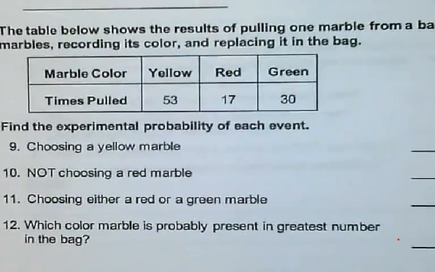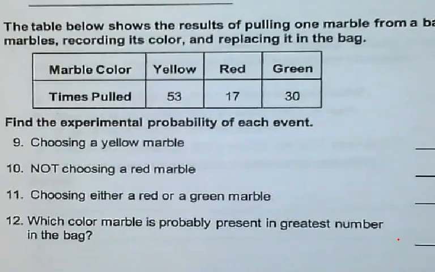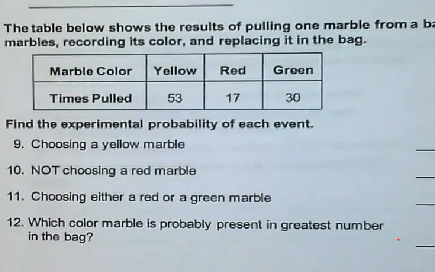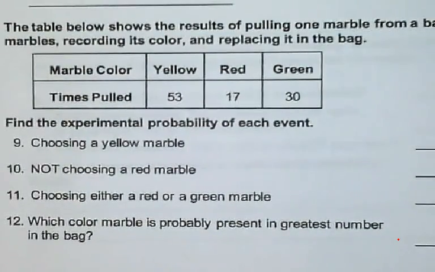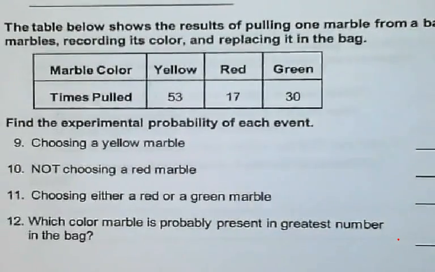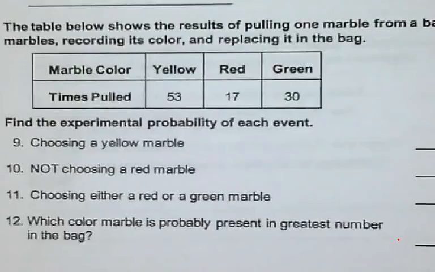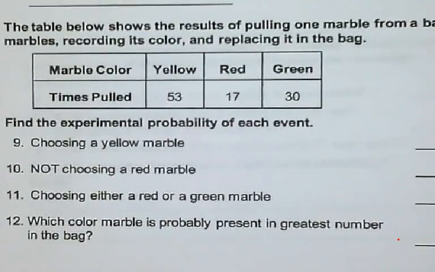So here's the deal. We pull a marble from a bag and then write down what color it is and then put it back in the bag. Stir it up, do it again. And so they did this over and over and over. Now you have to know the total. They didn't give you the total. So one thing you have to know is how many times did they do this experiment.